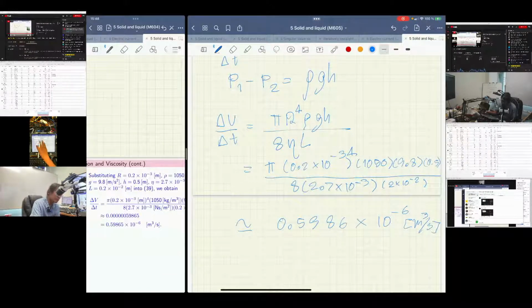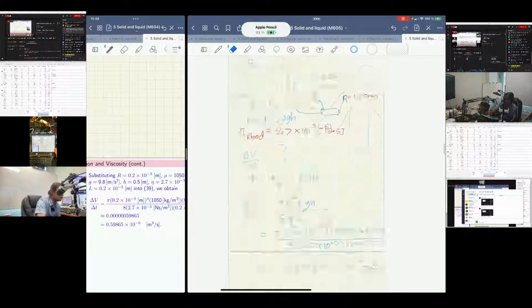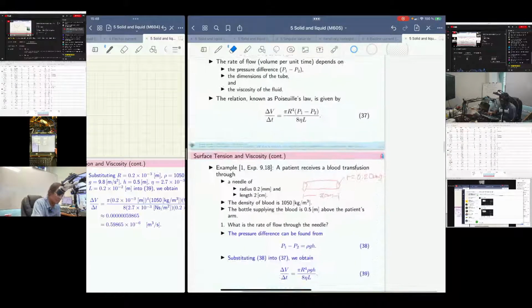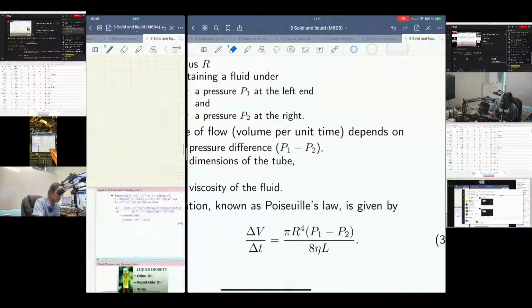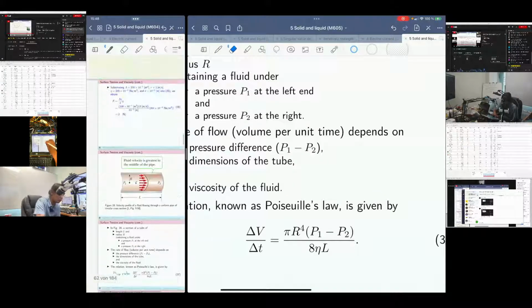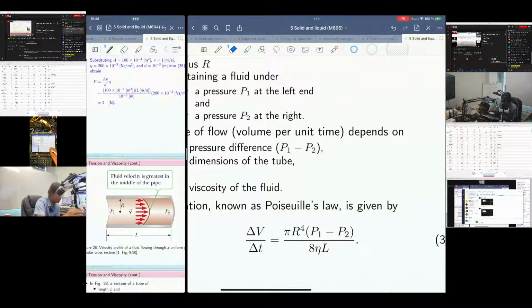Actually 7 here, and that's it for this problem. Now you have seen how to apply the Poiseuille formula. The flow rate of a liquid flowing through a pipe depends on the radius, the pressure difference, the viscosity of the fluid, and the length of the pipe too.